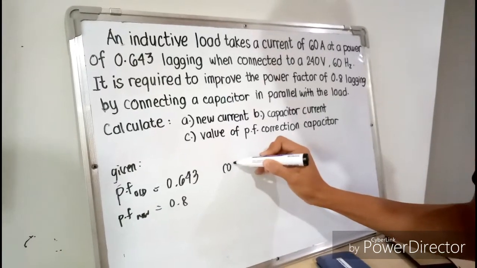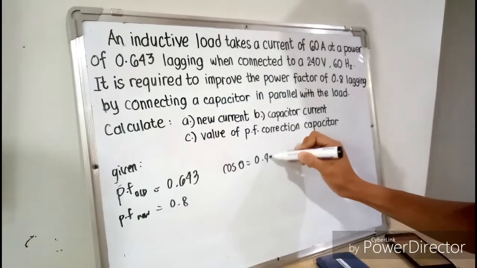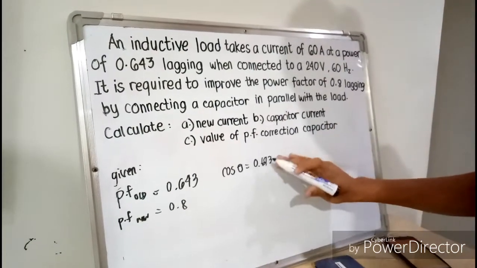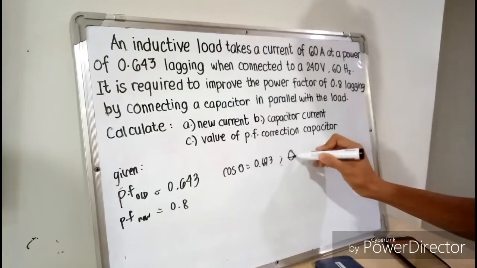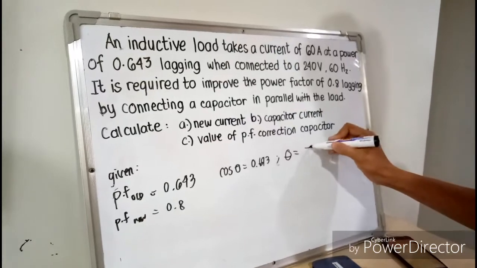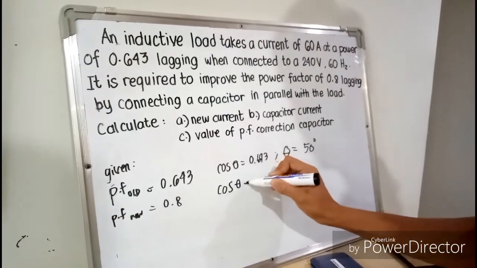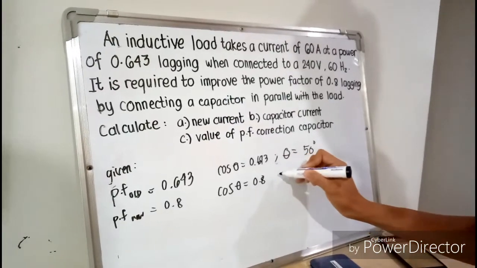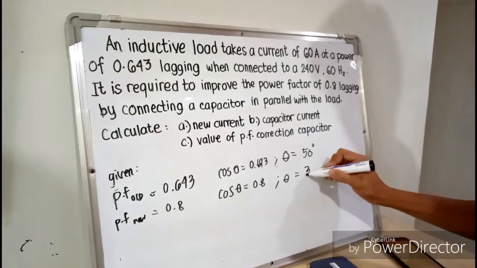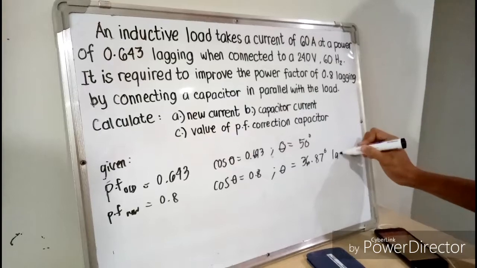So cosine theta is equal to 0.643, theta is equal to 50 degrees. Cosine theta is equal to 0.8, and theta is equal to 36.87 degrees lagging.